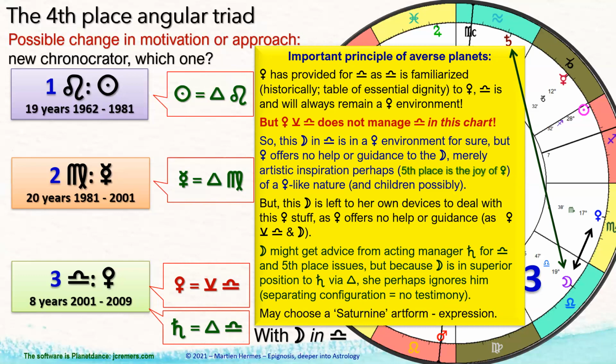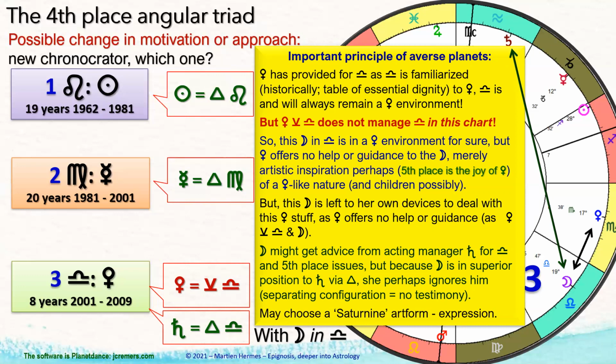So the question is, how strong is this Saturn influence for the moon itself? But it might also indicate a Saturnine art form or expression, simply because Saturn is the one dealing with the fifth place issues.